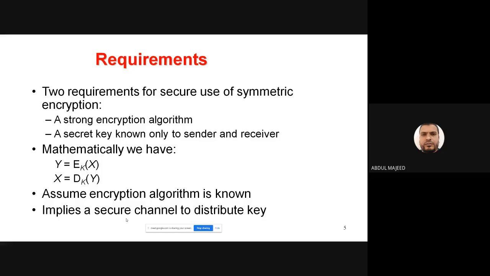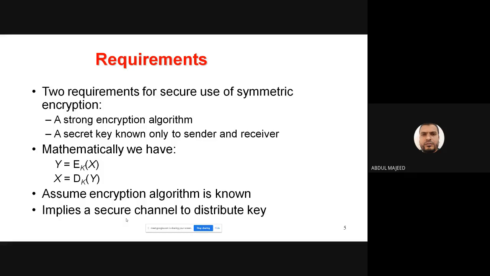So by using these ingredients, or you can say the conventional encryption principle, x, y, e, d, k, you can write the equations for encryption and decryption.